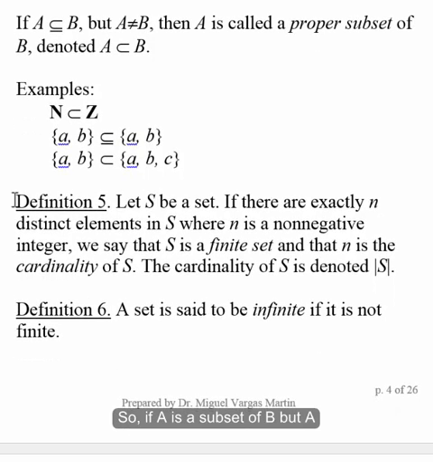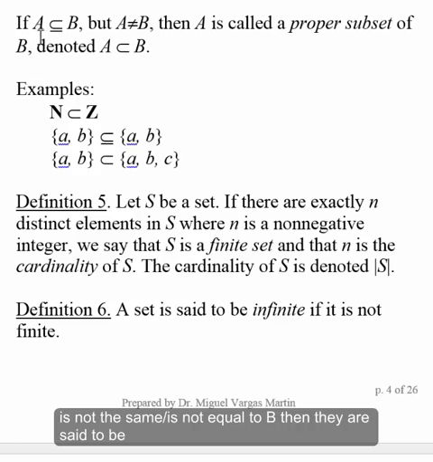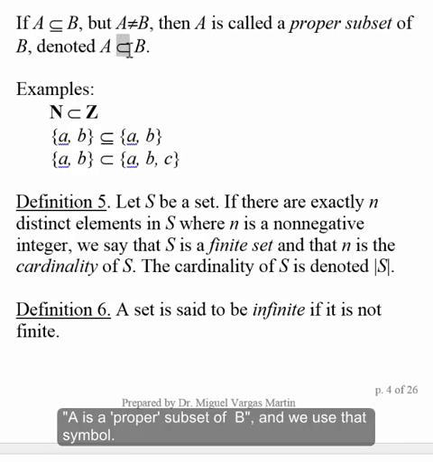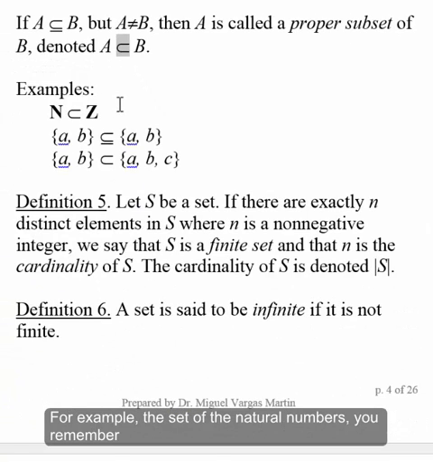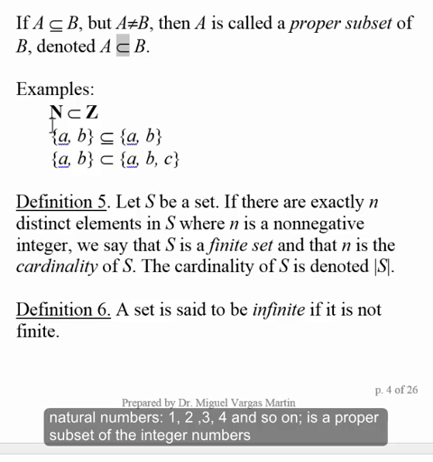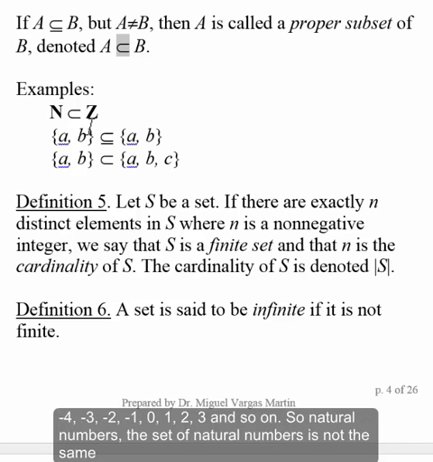So if A is a subset of B, but A is not equal to B, then A is said to be a proper subset of B, and we use that symbol. For example, the set of the natural numbers, remember natural numbers 1, 2, 3, 4, and so on, is a proper subset of the integer numbers: -4, -3, -2, -1, 0, 1, 2, 3, and so on.